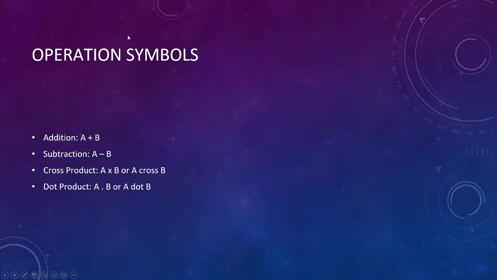So this is what it looks like for our symbols. In cross product, usually A X B. Iba siya sa action multiplication. So A X B or A cross B. Kapag dot product, A dot B, or usually it's a dot in the middle.